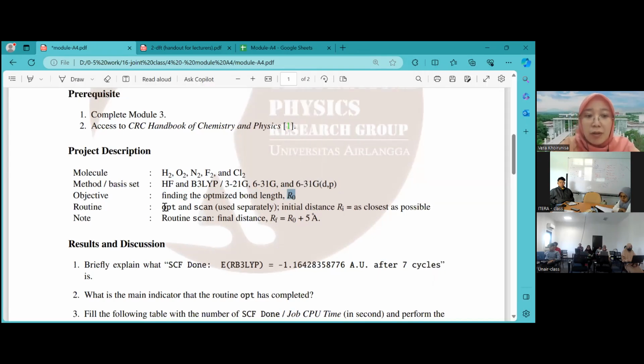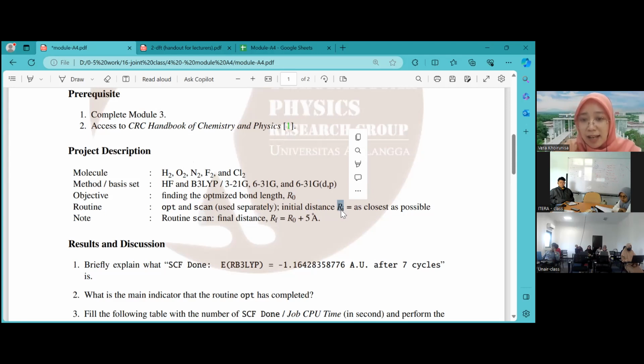And we will perform 2 routines. First is optimization using the keyword OPT, and the second routine is scan. So we will use the keyword scan here, with the initial distance RI, or R initial.